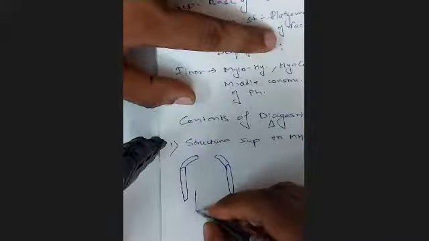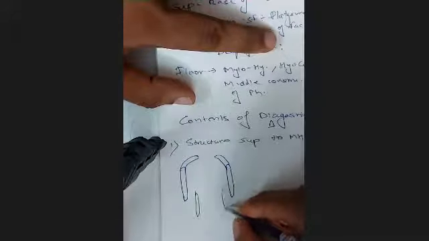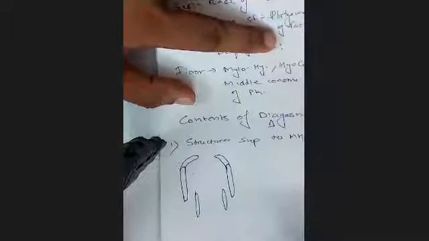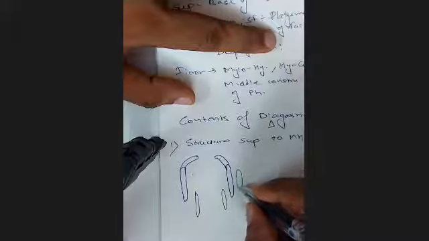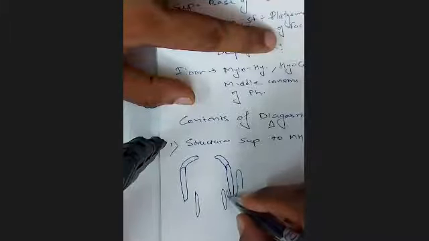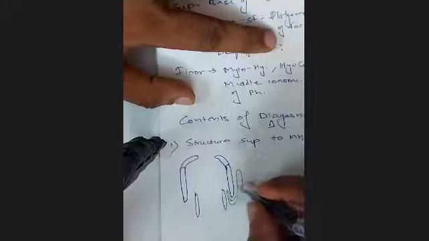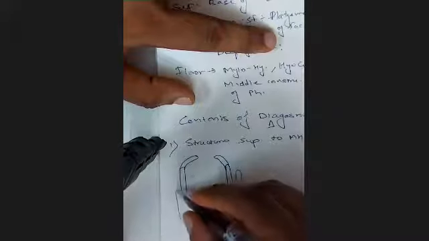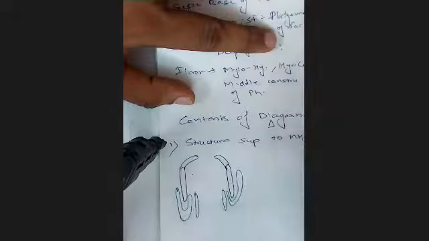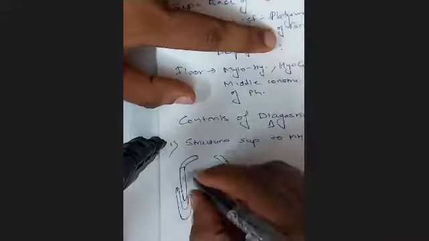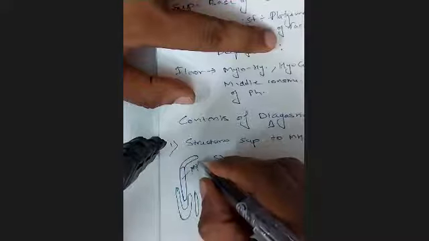Deep to the mylohyoid muscle is hyoglossus muscle on both the sides. And the submandibular gland is a J-shaped gland, lying below the mandible on both the sides like this.